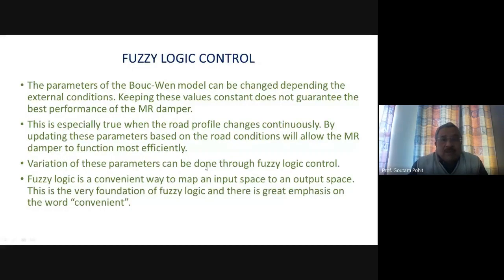And then we also tried a fuzzy logic controller so that we can change the constant parameters of the MR damper, and see how it behaves compared with just a simple Bouc-Wen model. Okay.